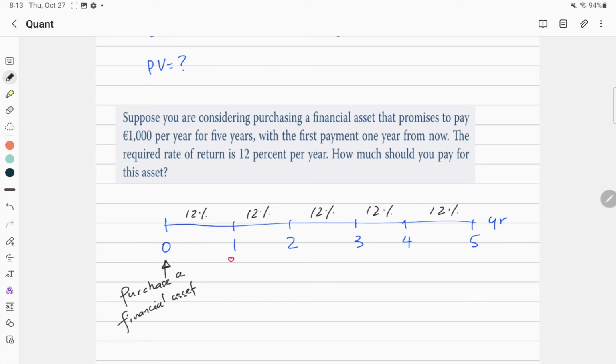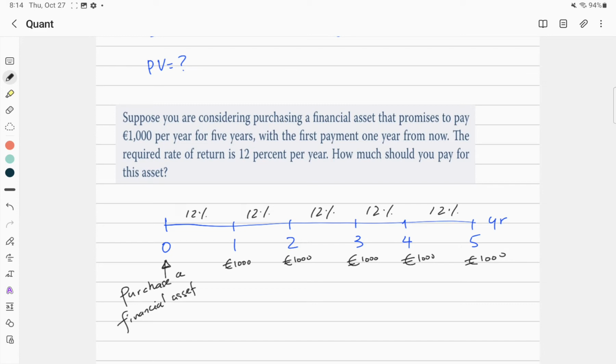Now, the question is, how much should you pay for this instrument now so that it pays you 1,000 euros at the end of each year? Usually we would put a negative sign, negative 1,000, when a cash flow goes out of an account, but for this purpose, let's just say it's 1,000.